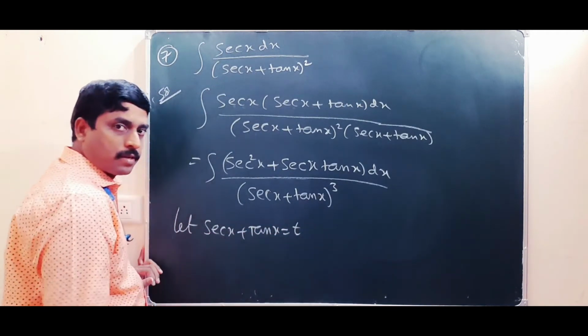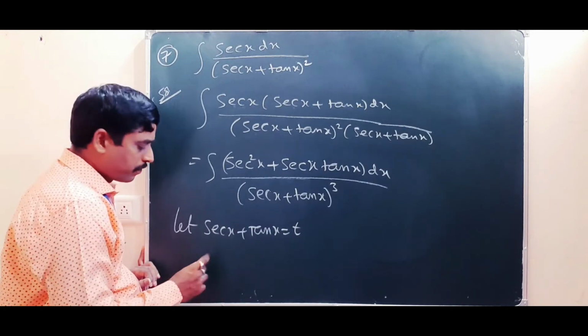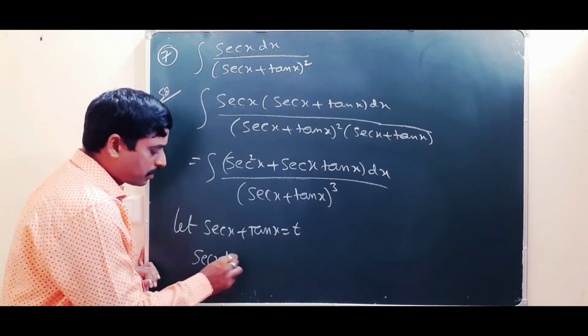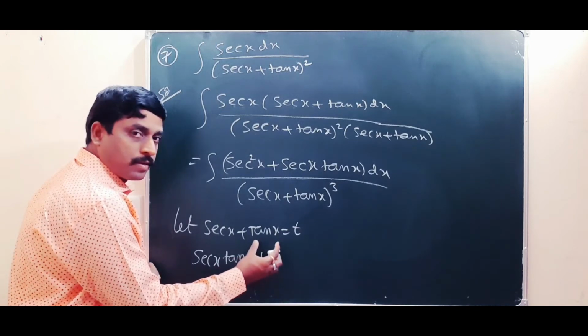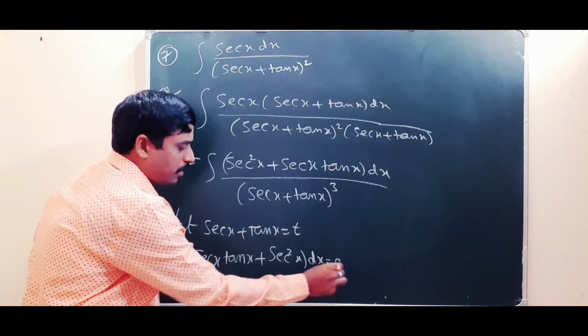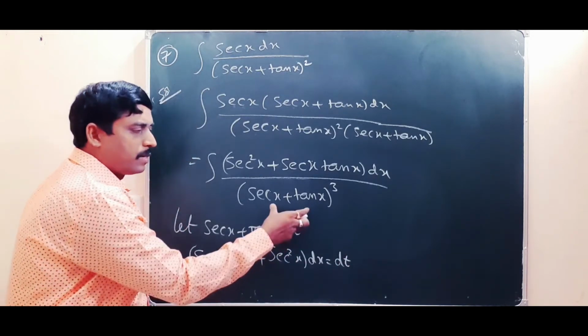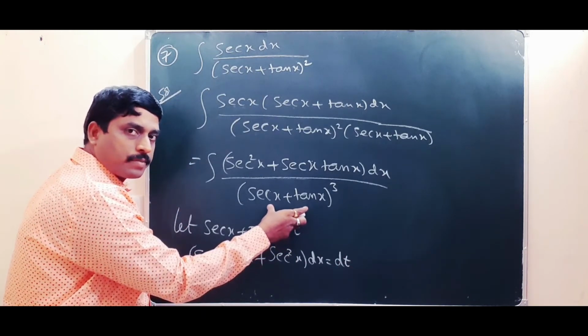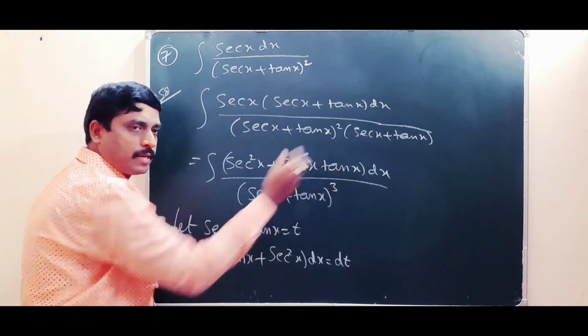Now differentiation on both sides. Differentiation of secant x gives secant x tan x, and differentiation of tan x gives secant square x, so (secant x tan x plus secant square x) dx is equal to dt. If the denominator is t, that is secant x plus tan x is t, then the numerator will be dt.